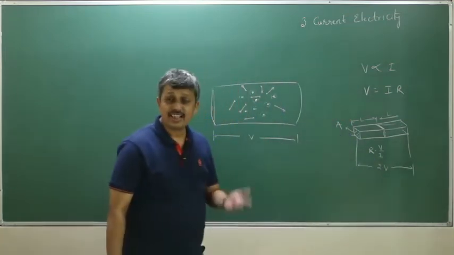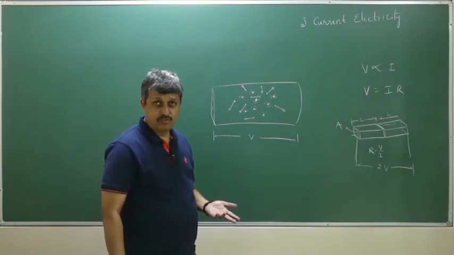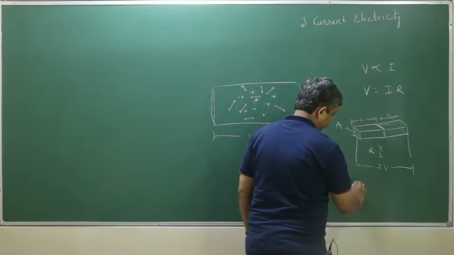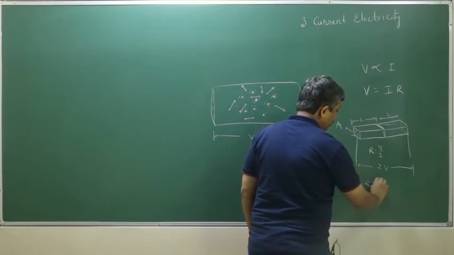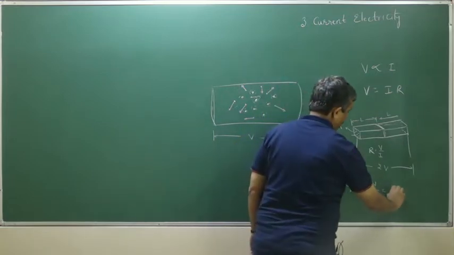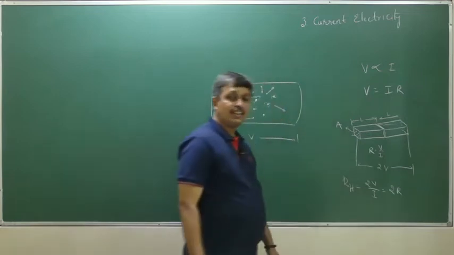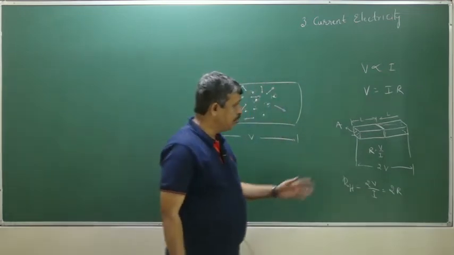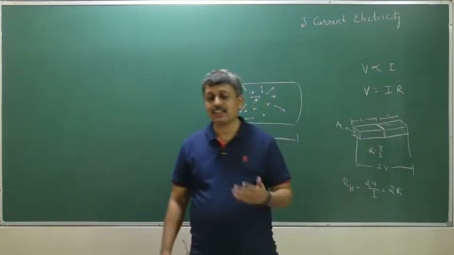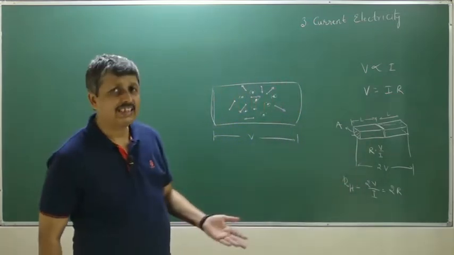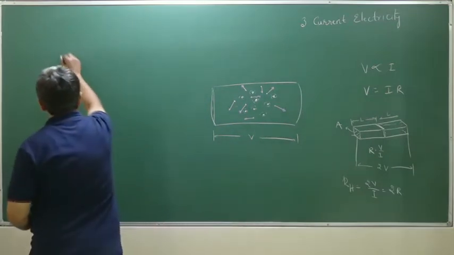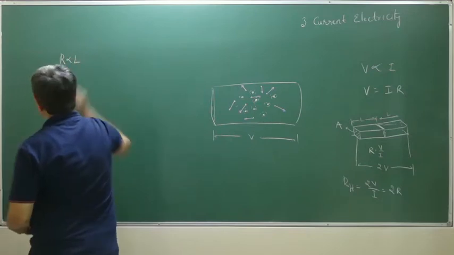So the effective resistance is 2V by I. I is the same, which means it is 2R. So whenever we doubled the length, we got double the original resistance, which tells us that the resistance is proportional to the length.